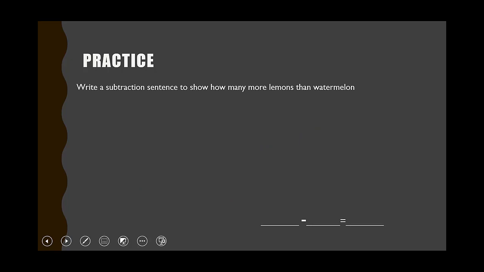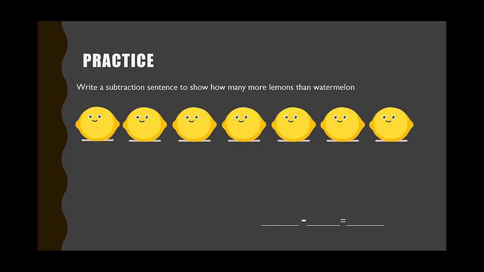So write a subtraction sentence to show how many more lemons than watermelon. So let's see how many lemons we have. Let's go ahead and count how many lemons we have. 1, 2, 3, 4, 5, 6, 7.